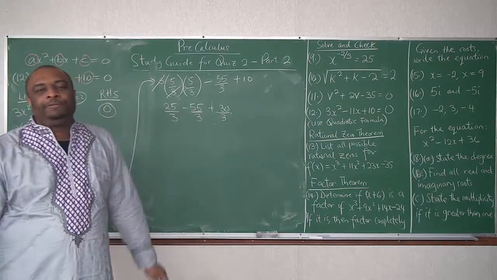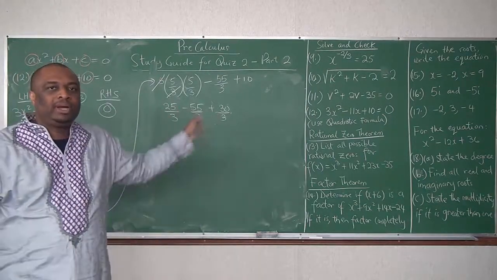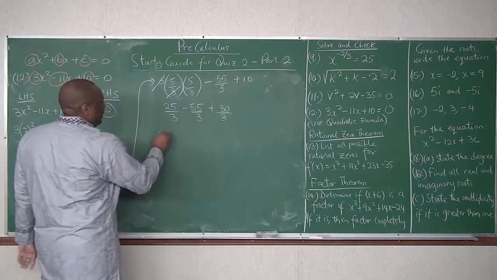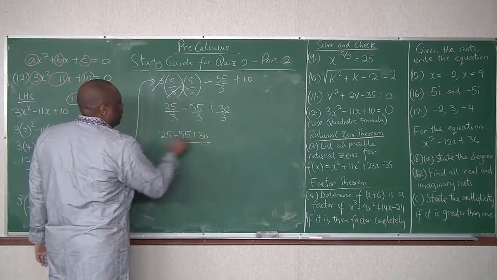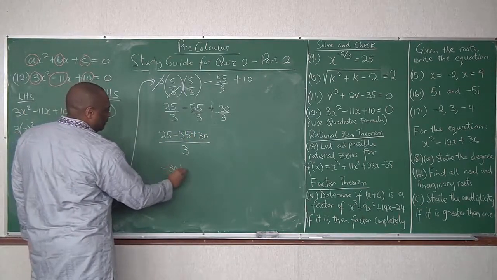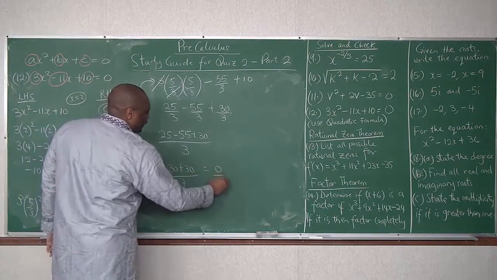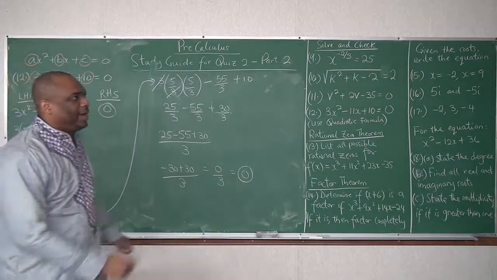Fractions: view my videos on fractions if you do not understand what I just did. Now this is 25 minus 55 plus 30 all over 3, and that is negative 30 plus 30 over 3, 0 over 3, which is 0. 0 on the left, 0 on the right.